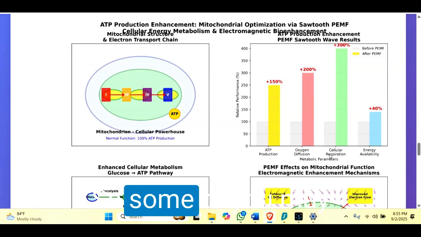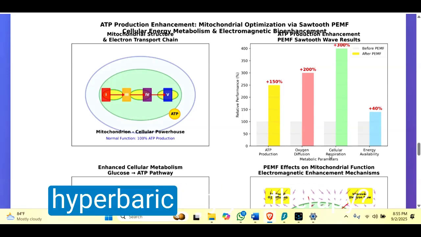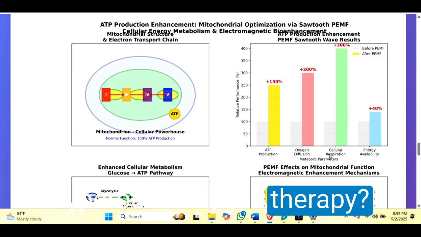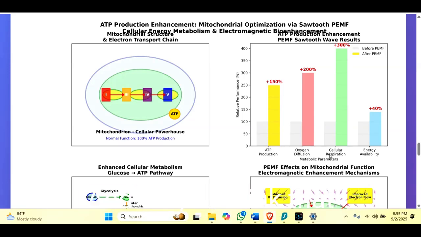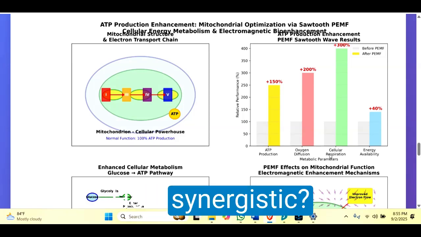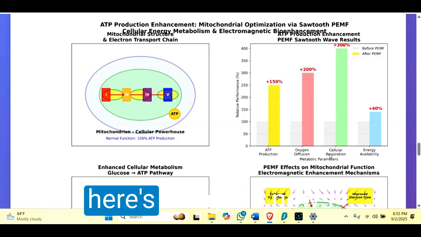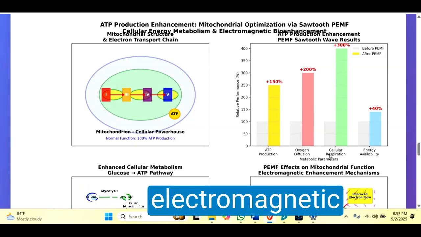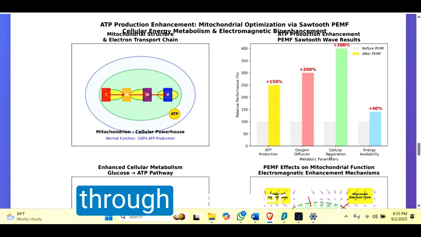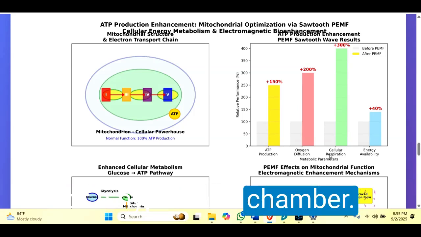So some of you may have had the creative idea of, wait a minute, what if we're doing hyperbaric oxygen therapy? Do you think that would be synergistic? Absolutely. I've advised many clinics on doing that combo. The good news is the electromagnetic fields can easily travel through the super thin membranes of a hyperbaric chamber.